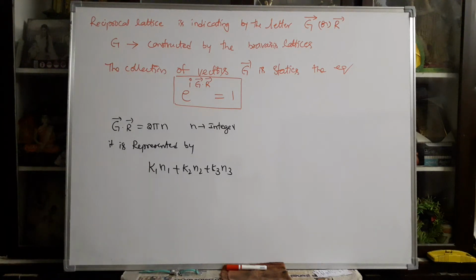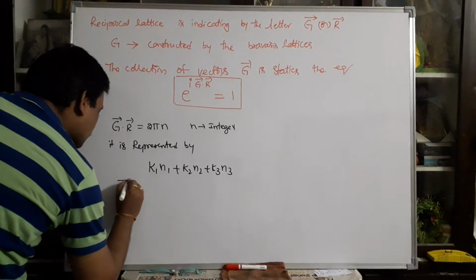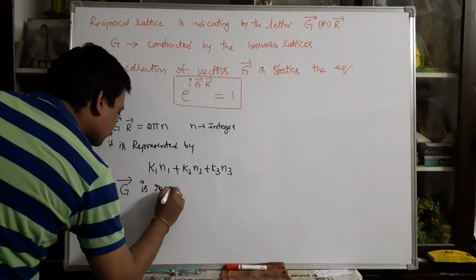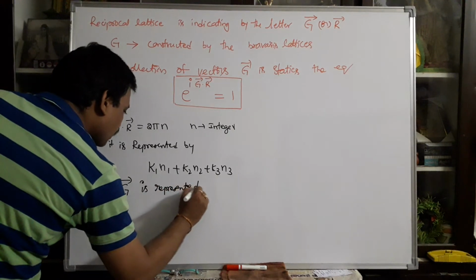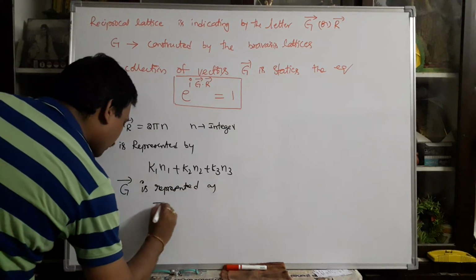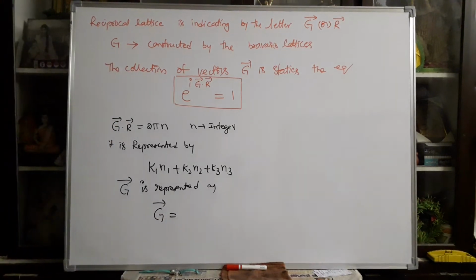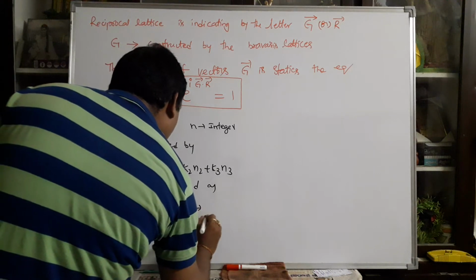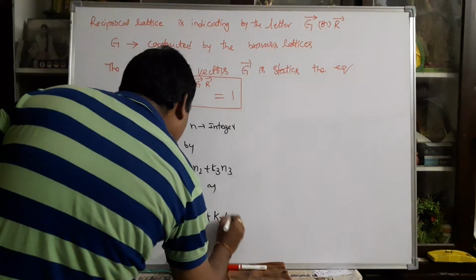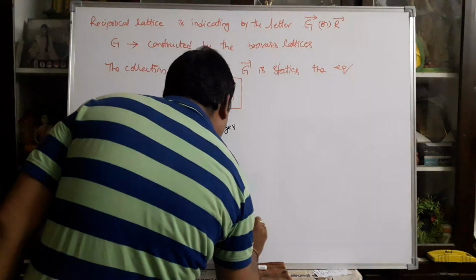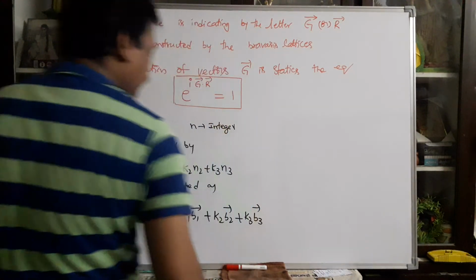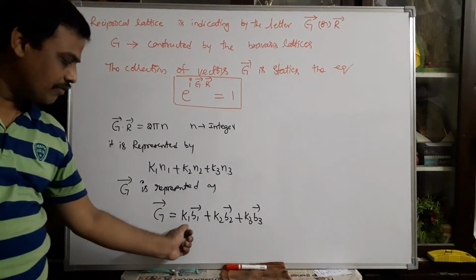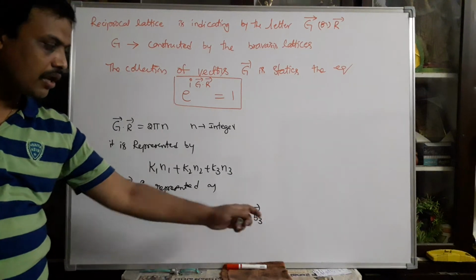The reciprocal lattice G bar is equal to k1 into b1 bar plus k2 into b2 bar plus k3 into b3 bar.